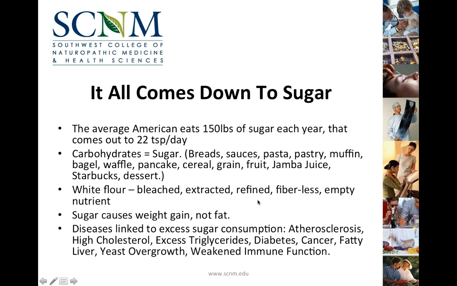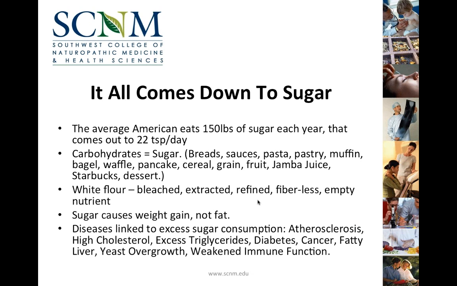And so what we're finding is it really all comes down to sugar. I mean, look at this. This is astounding. The average American eats 150 pounds of sugar each year. Yikes! Those are like sandbags. And what a lot of people don't realize is the definition of a carbohydrate: carbohydrates are broken down into sugar.